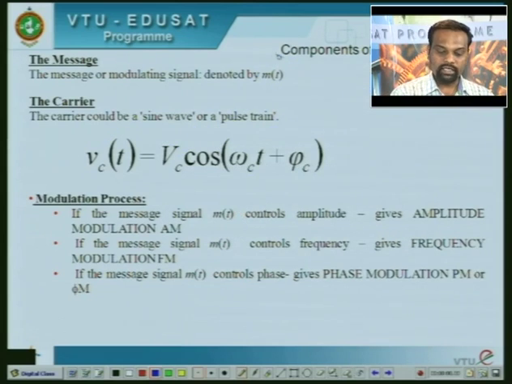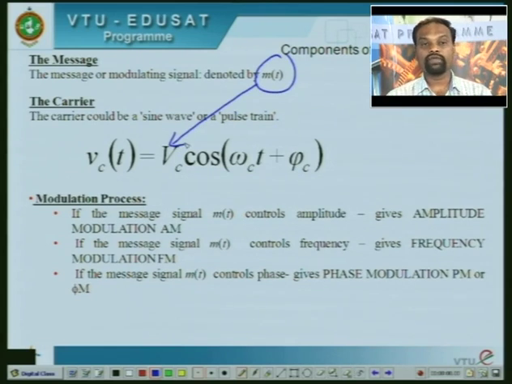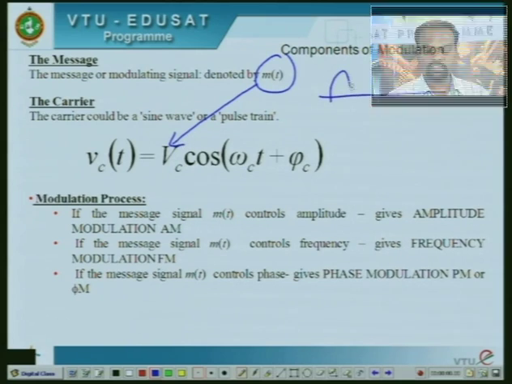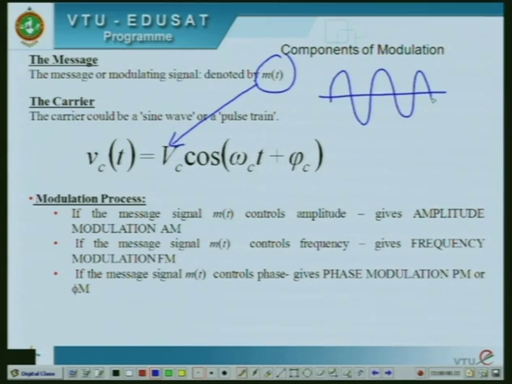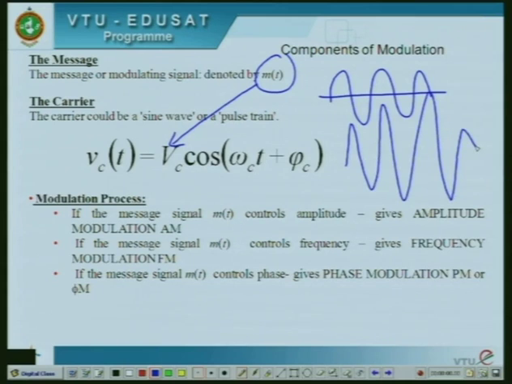If M of t changes the parameters or characteristics of Vc, the amplitude of the carrier, what I mean is, suppose this is the carrier signal and I change the carrier amplitude, the frequency remaining the same, but the amplitude of the carrier being changed according to M of t.